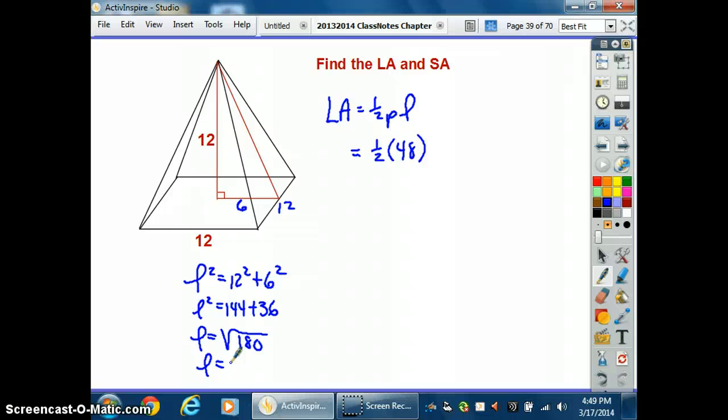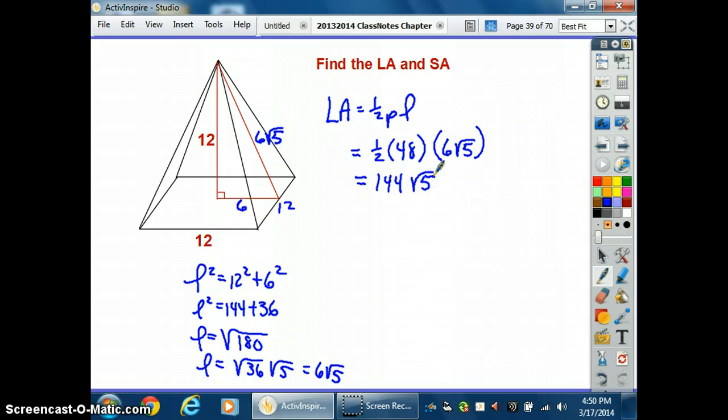I think it's 36 times 5, to be honest with you. 36 times 5. So it would be 6 radical 5. The slant height is 6 radical 5. Half of 48 is 24. 24 times 6 is 144 radical 5.